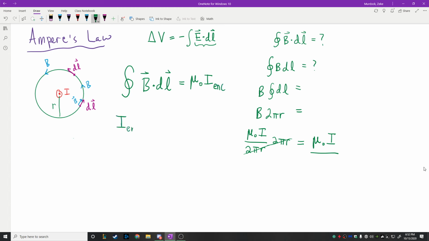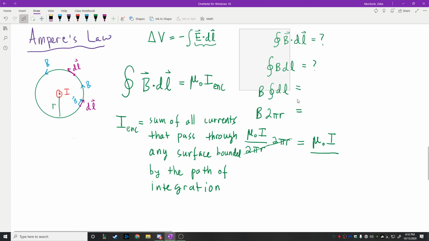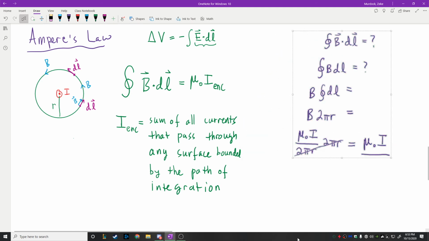So I enclosed is the sum of all currents that pass through any surface bounded by the path of integration.